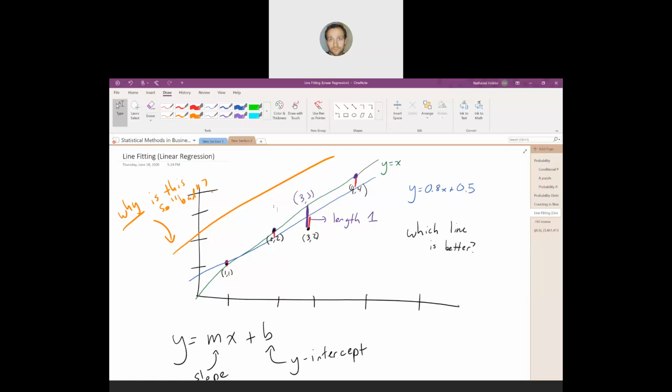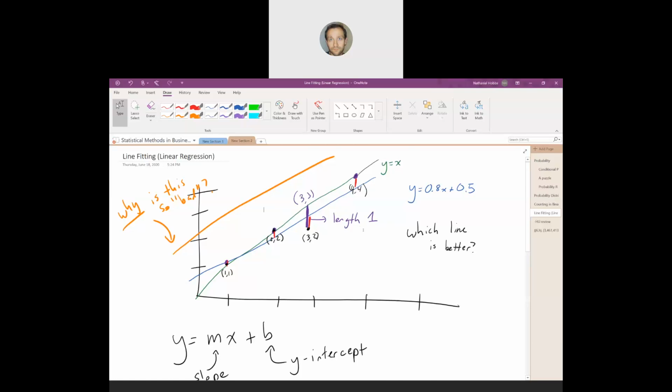You can draw an infinite number of lines. I mean, here, the orange, that's a bad line. I could come up with an infinite number of bad lines. I can come up with an infinite number of lines between the green line and the blue line. But out of all of this infinite number of lines, there is exactly one that will be the best line.